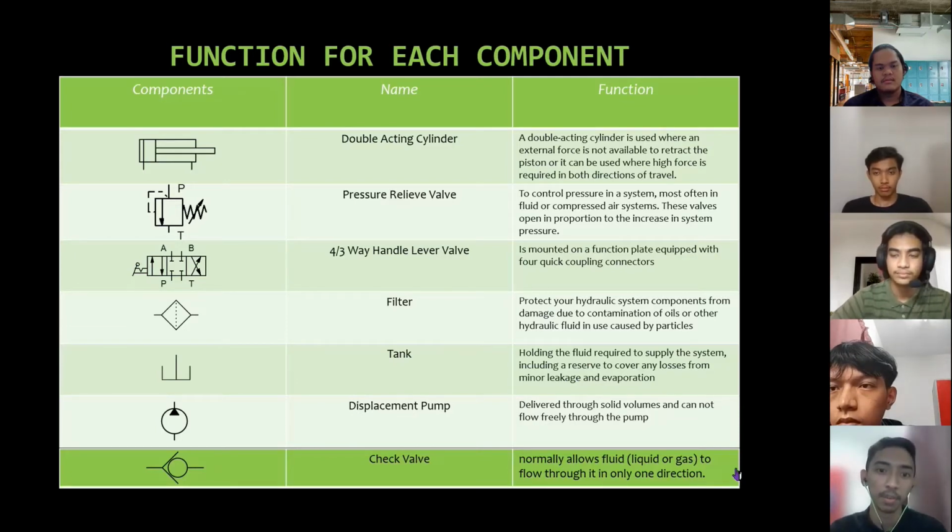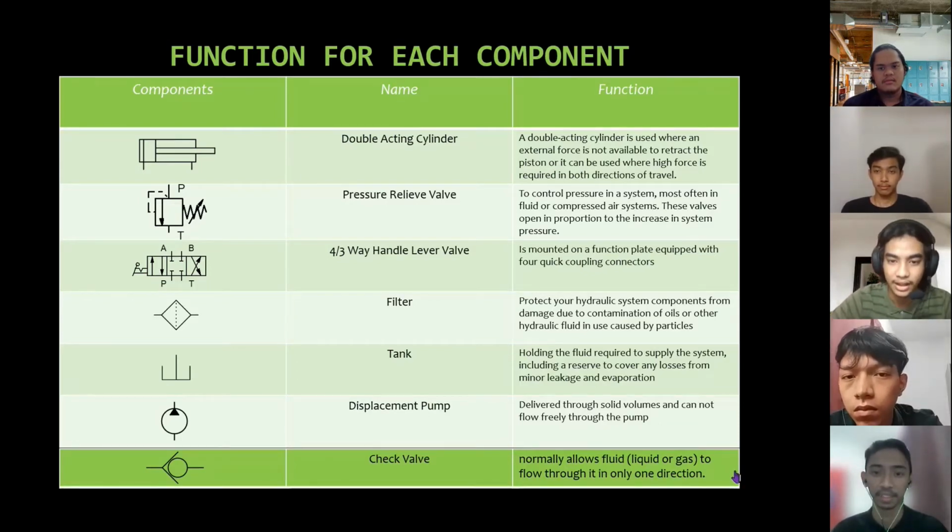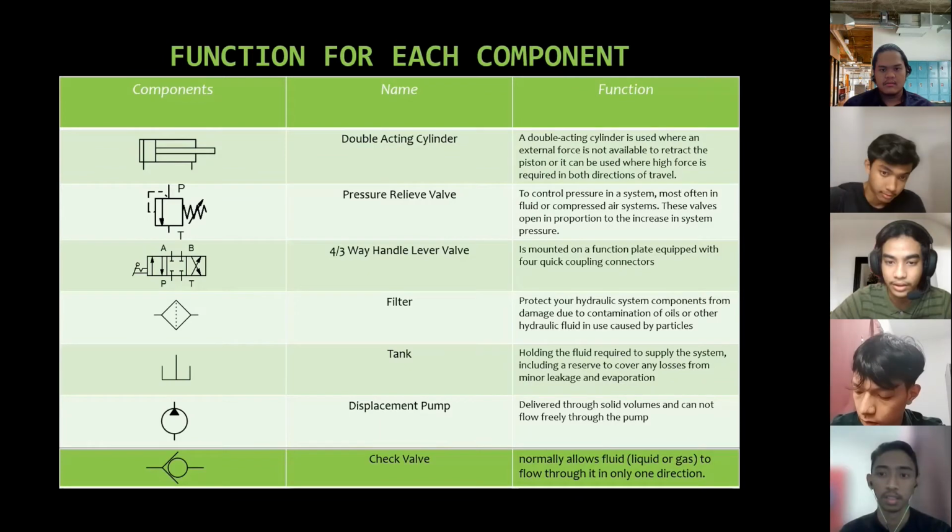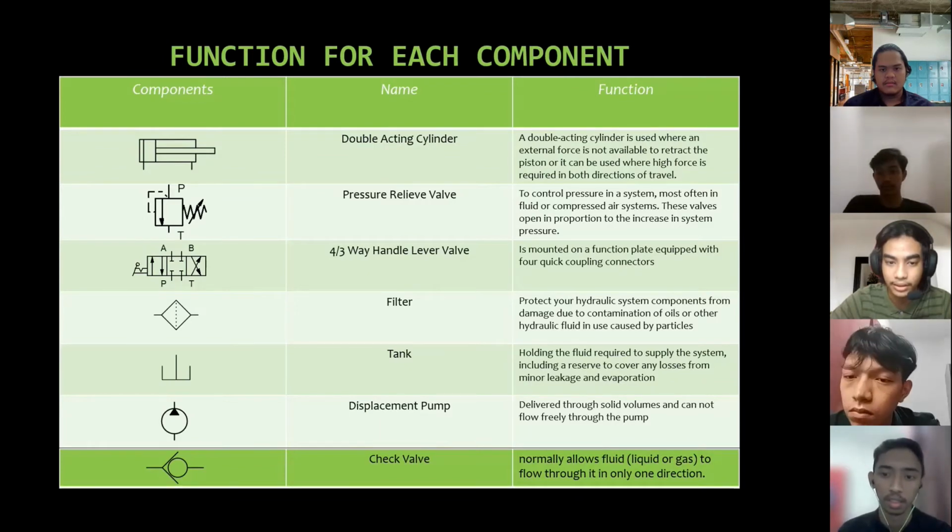The third is a three-way handle lever valve, mounted on a function plate equipped with 4 quick couple connectors. Number 4 is the filter. It protects your hydraulic system components from damage due to contamination of oils or other hydraulic fluid caused by particles.